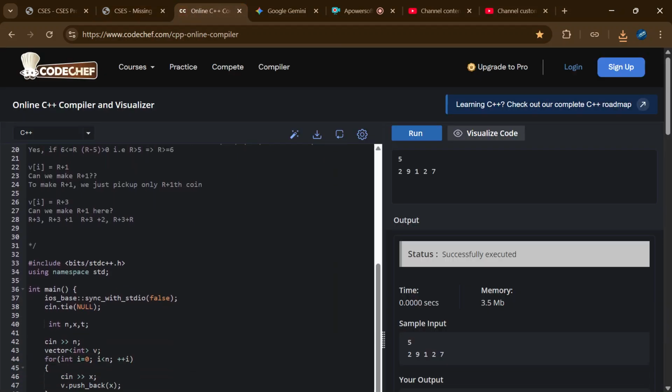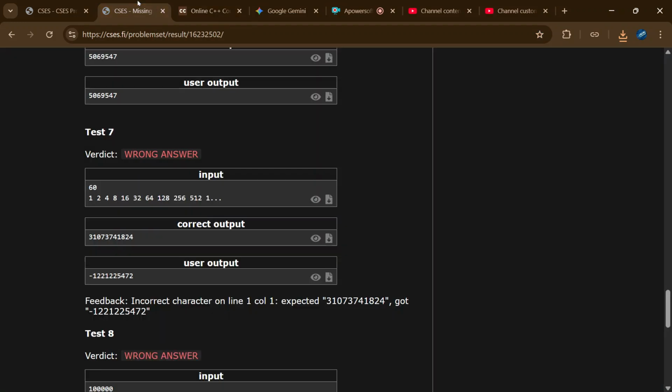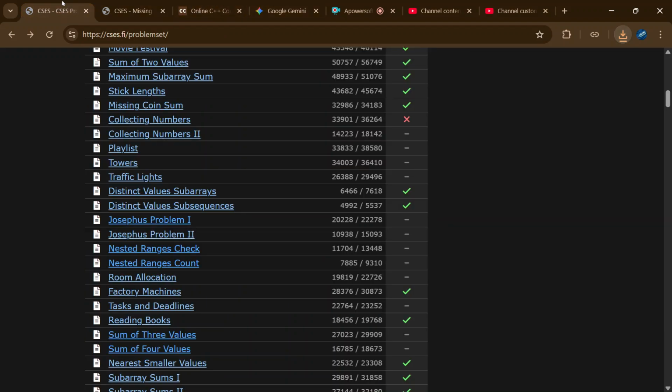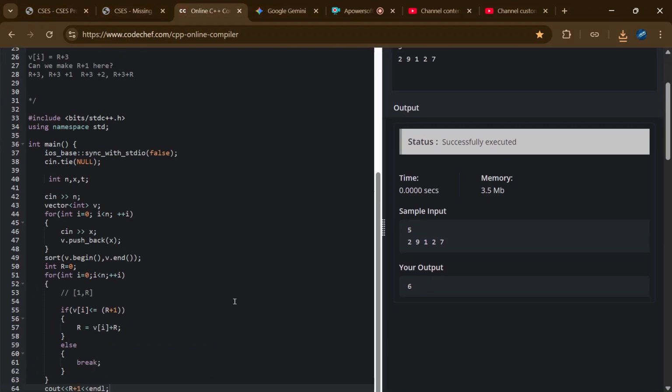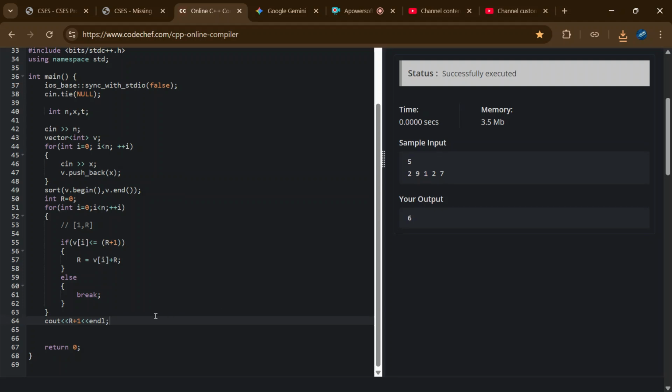So we can just convert these into long int.